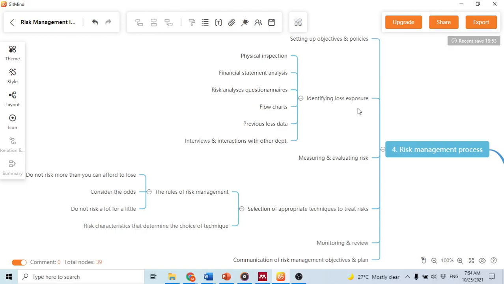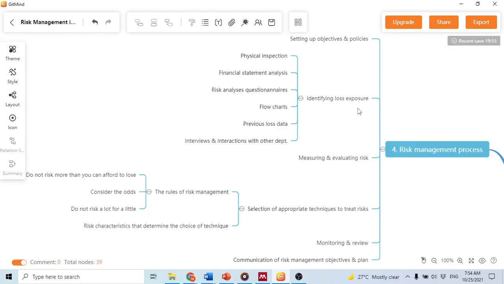So this is the next important step in the risk management process, which is identifying the loss exposures. This step will involve an analysis of all potential losses, covering all aspects of losses.